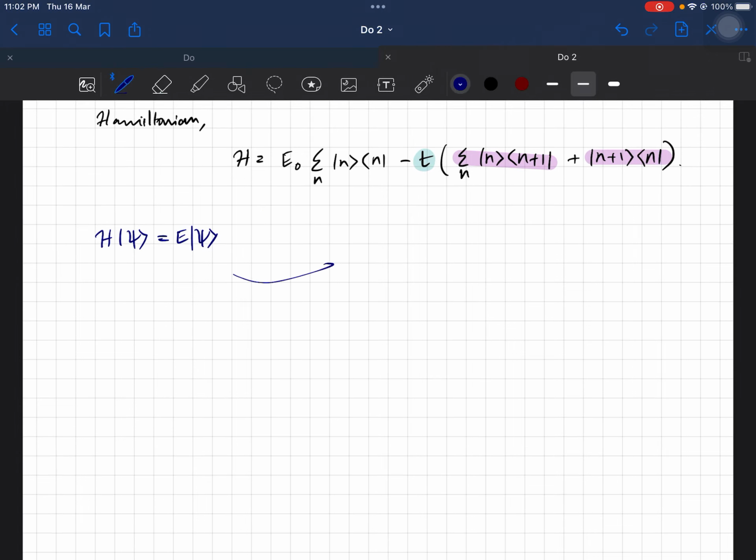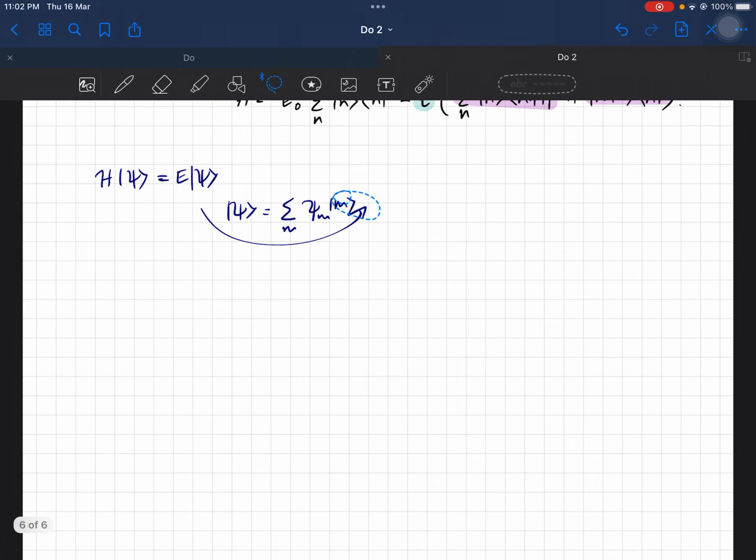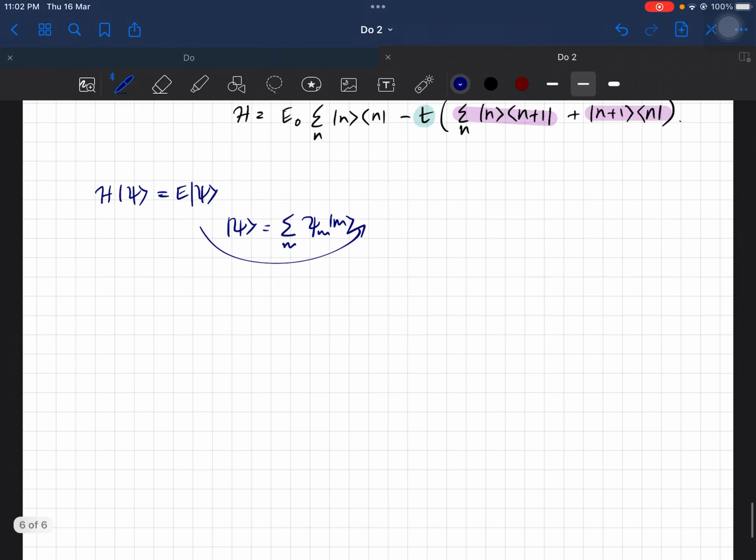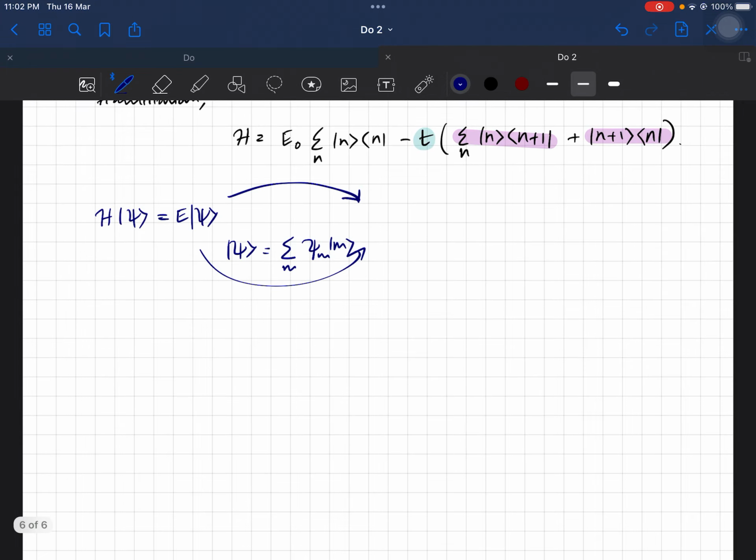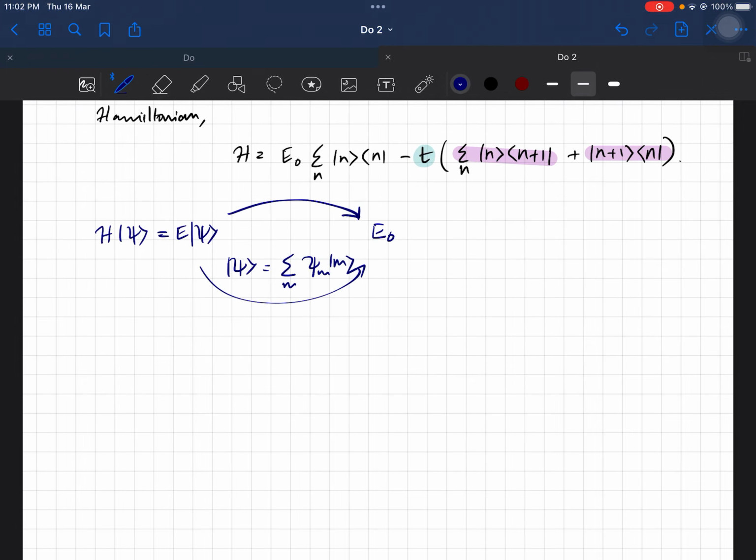We substitute necessary things by writing psi as the linear combination. Which gives E naught psi m. Wait, what? Okay, I need to lower this fan down.